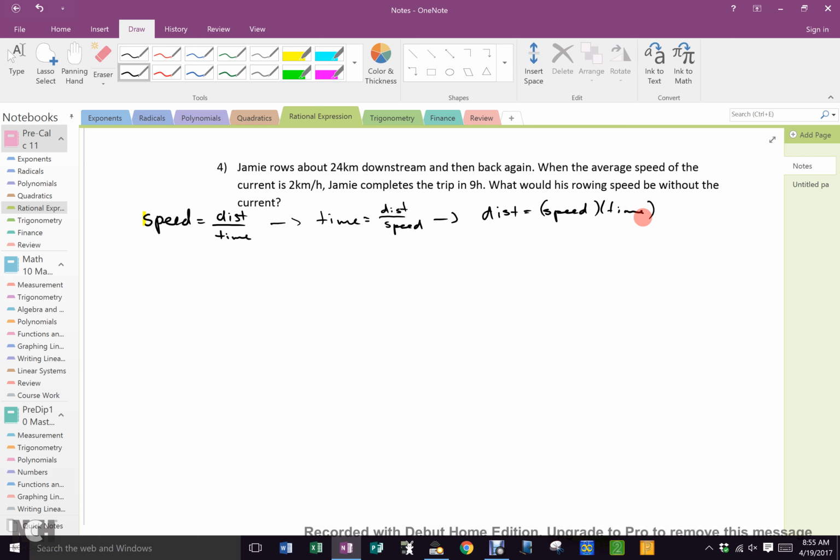So, what do I know? Jamie rows 24 kilometers downstream and then back again. The average speed of the current. So, what do I see there? 24K? That's a distance, yes? Speed of the current is 2 kmh.